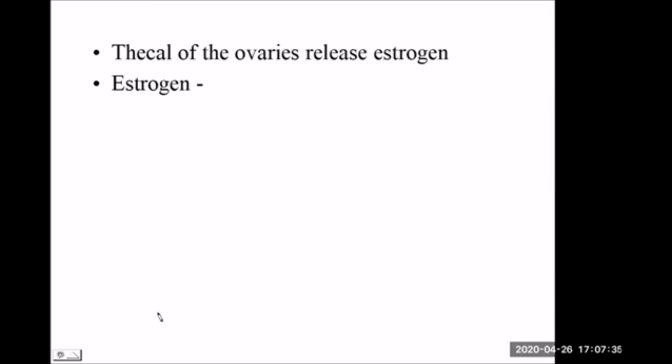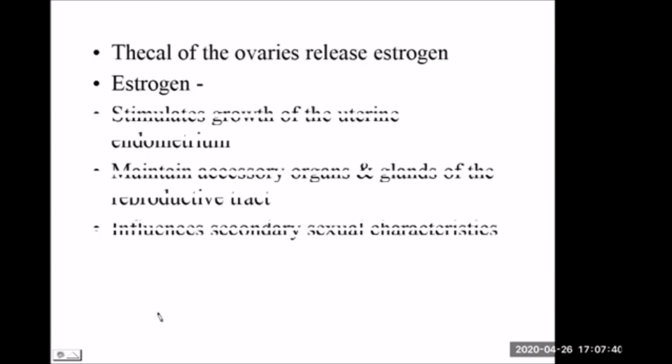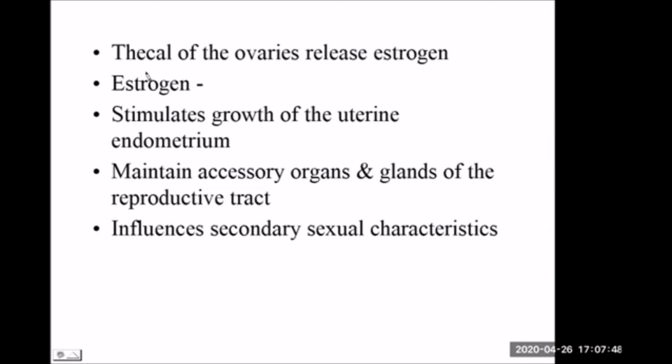Estrogens, of course, produced in the ovaries. Let me go back to that. This would be the counterpart to male testosterone. So not only does it affect the function of the reproductive organs, but again, the entire female adult body.